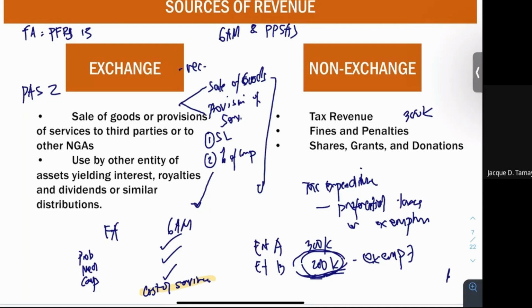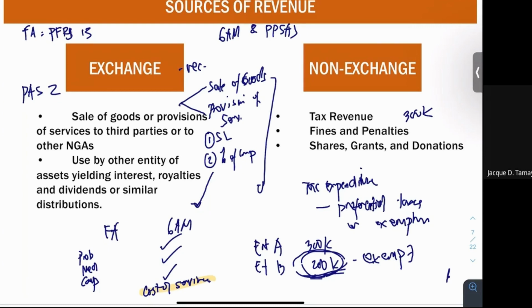We only record 300,000 pesos. Why? Because the tax expenditures such as preferential taxes or exemptions are not recorded, or are not grossed up with your tax revenue. So therefore, tax expenditures are foregone revenue.